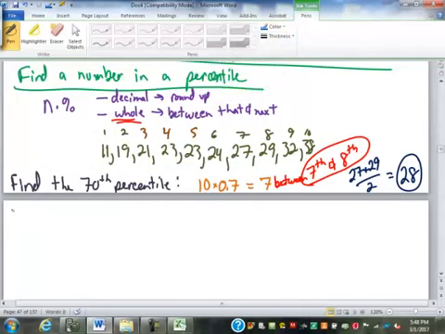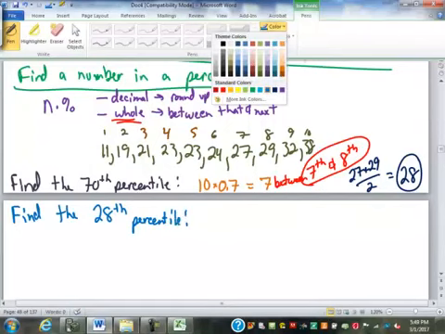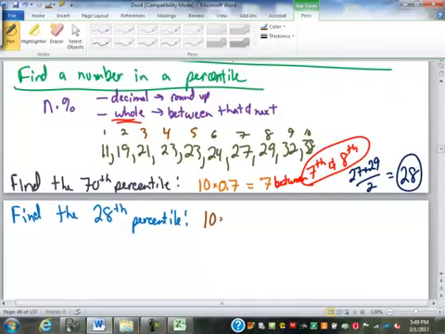Okay. Find the 28th percentile. Well, to find the 28th percentile, what am I going to do to find its position? 10 times 0.28.